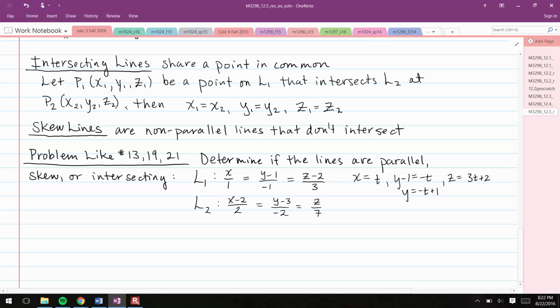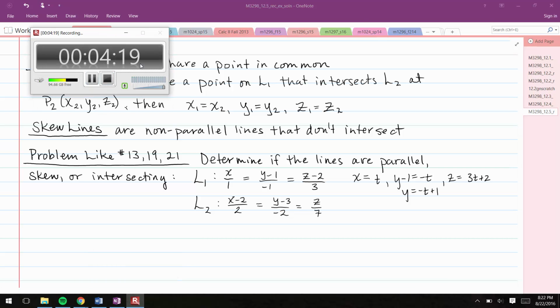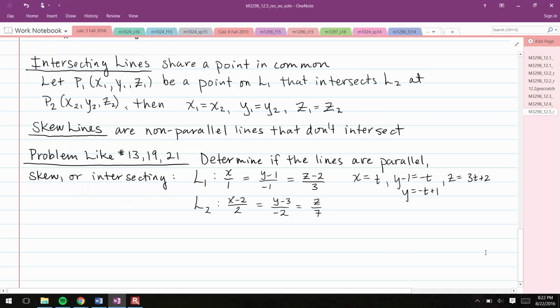Putting those together, we're going to be able to get our directional vector. We have our vector r, the xyz part, and then we have our r sub naught plus t times the directional vector v.